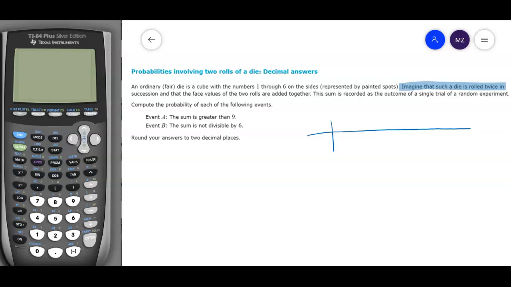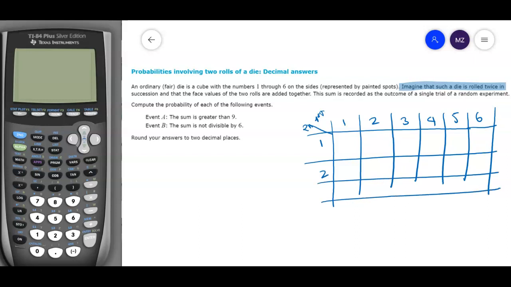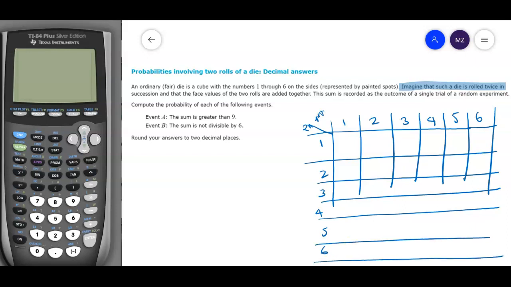If we imagine here, this is the first roll, this is the second roll, and we're going to have 1 through 6 here, and then the same thing, 1, 2, 3, 4, 5, and 6.